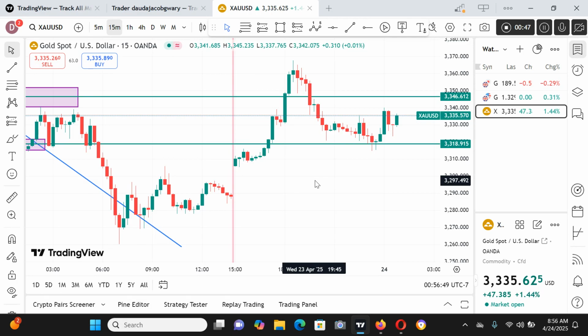So basically, psychological levels simply mean round numbers that most traders, especially the big players in the market, pay attention to. They use the psychological level to execute trades, to put their stop loss and take profit. So psychological level in forex trading is very significant.